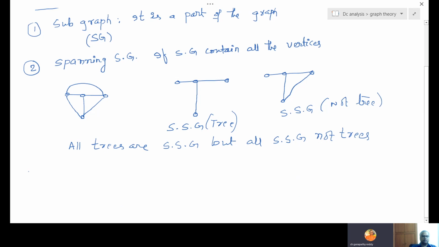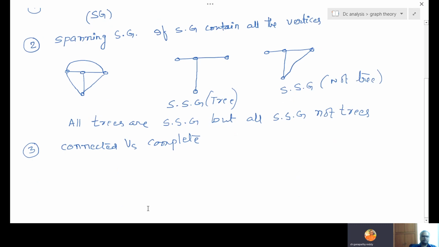Then the third one, connected versus complete. So what is the definition of this? This is an example of connected. So for vertices I am using the notation V1, V2, V3, V4, using Atre terminology, Atre notations.